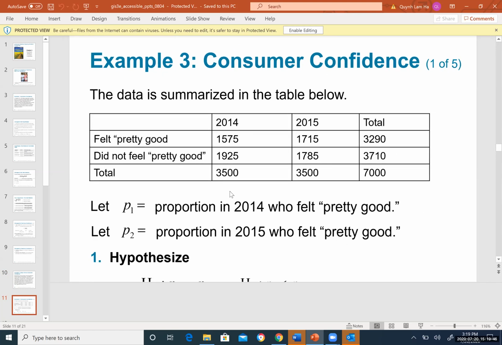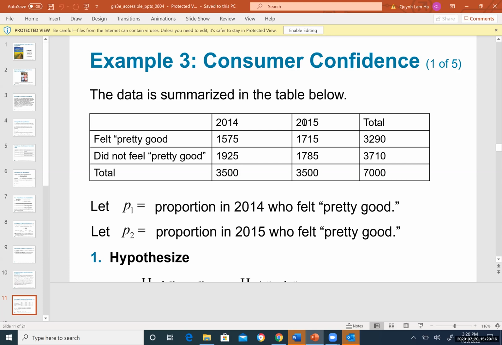Example 3, consumer confidence. The data is summarized in the table below. In 2014, the number of successes is 1575. This number is the people who are feeling pretty good. So you can imply the number of people who did not feel pretty good would be 1925.